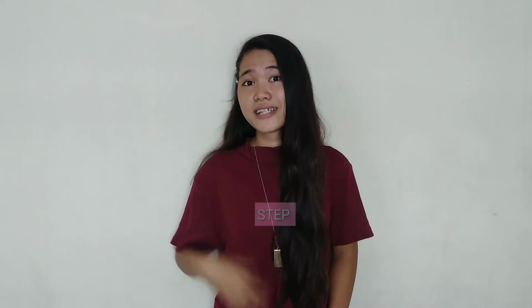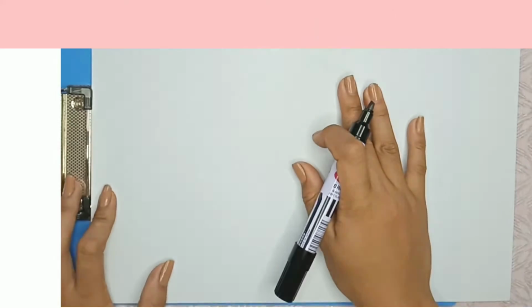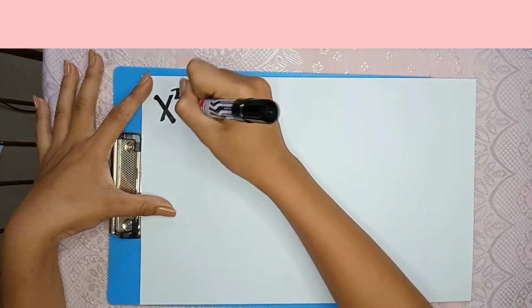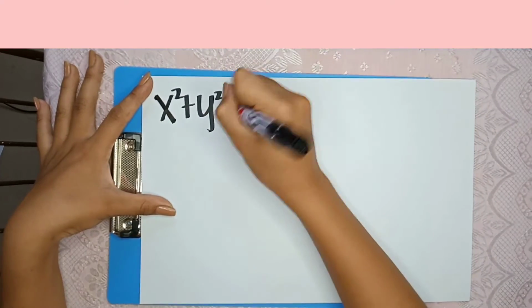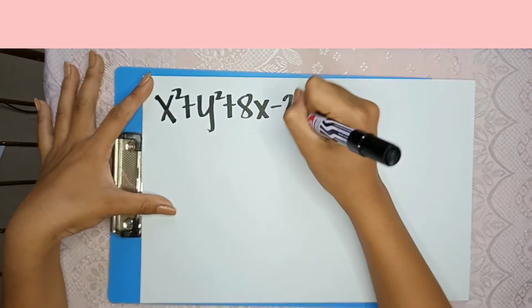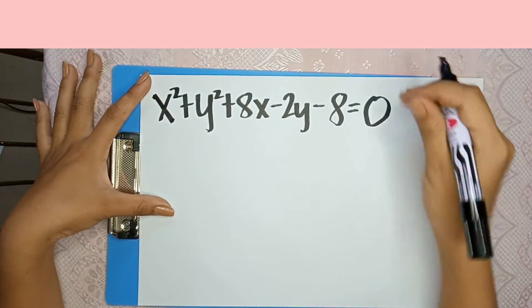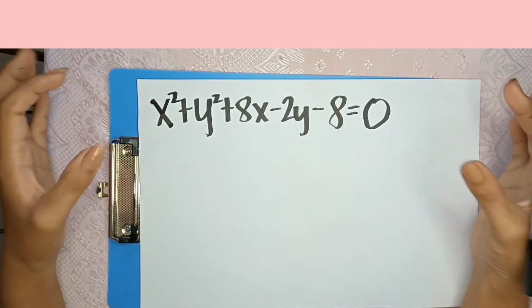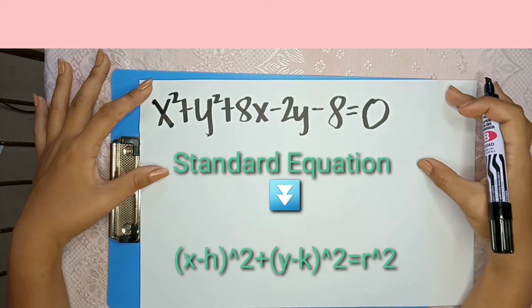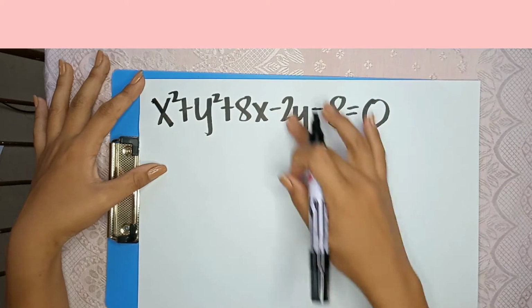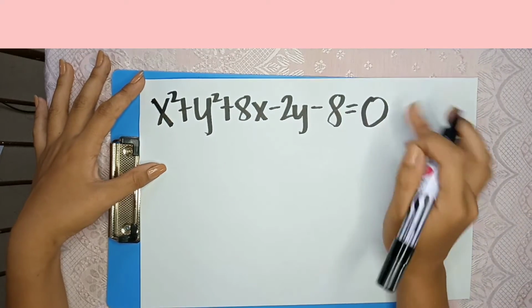For your better understanding, I will show you how to solve it step by step. Given the example x squared plus y squared plus 8x minus 2y minus 8 is equal to 0. The step that we have to do in converting the general equation to its standard equation where the center is (h, k) is to take the constant term and move it to the other side.